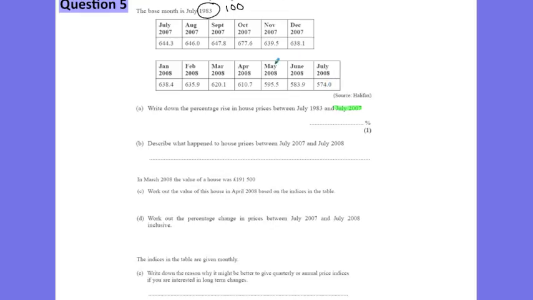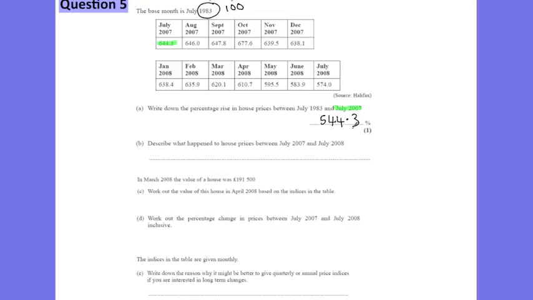Looking here for July 2007, we have our value here. So how much have house prices, the index, increased from 100 to 644.3? Subtracting, we get 544.3.